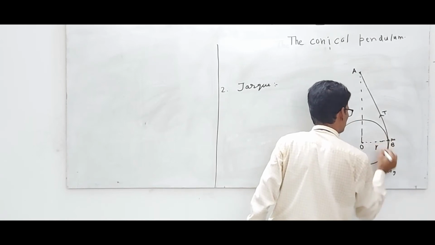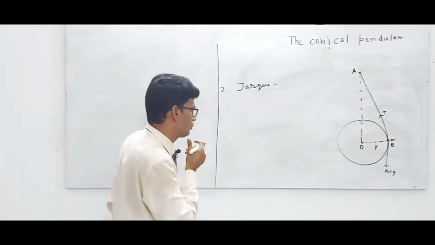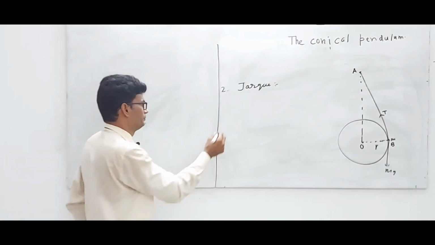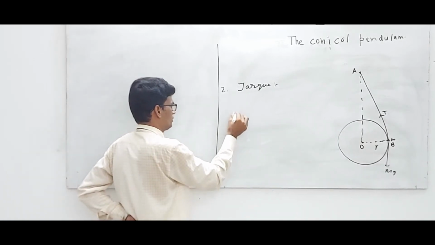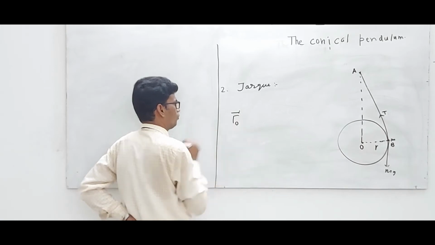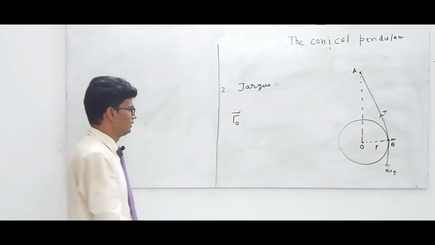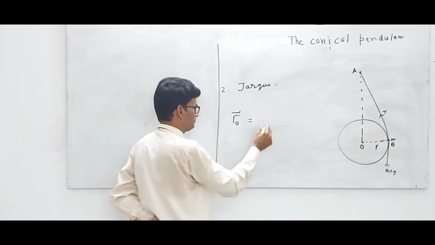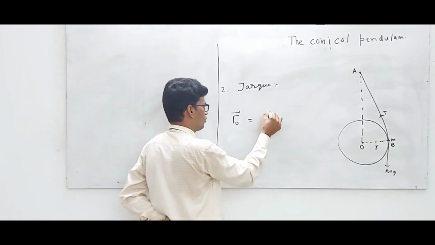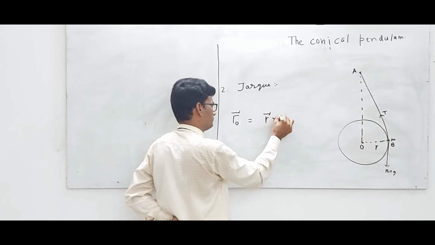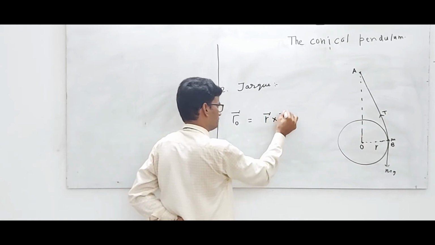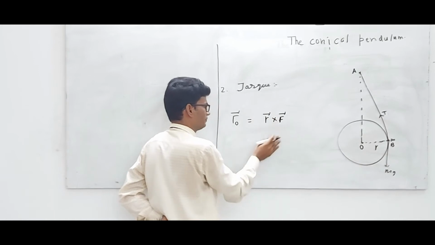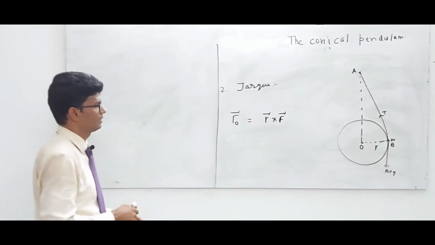Now we want to find the torque about the point O. The basic definition of torque, as we all know, is r cross F.